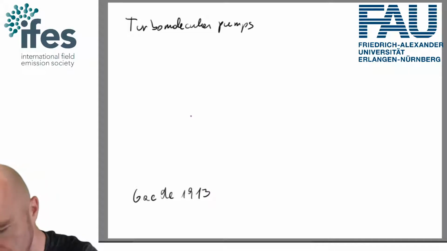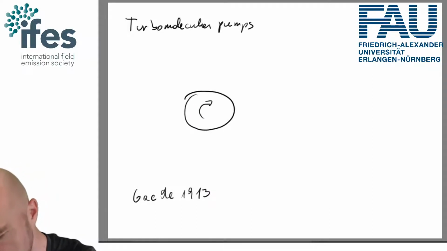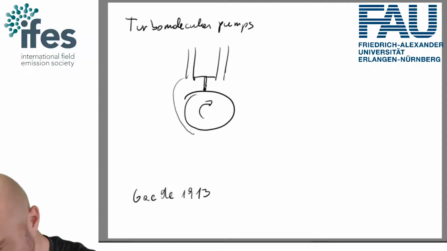And the first turbomolecular pump is essentially literally just a spinning cylinder. So a cylinder that spins very, very fast. And you have an inlet and an outlet. And here just some kind of skimming device in between.